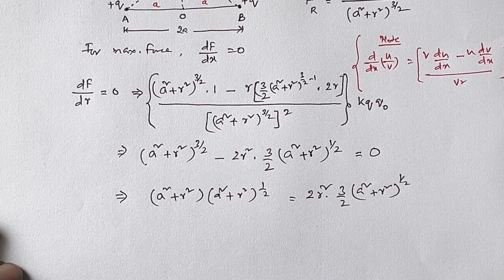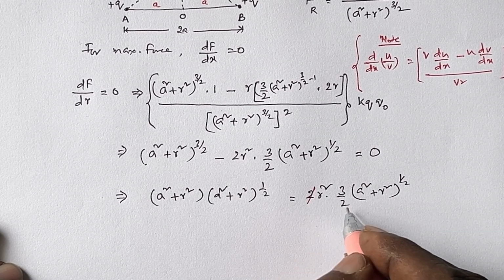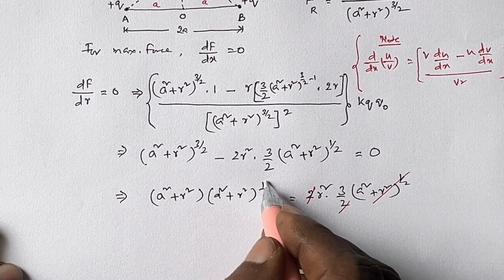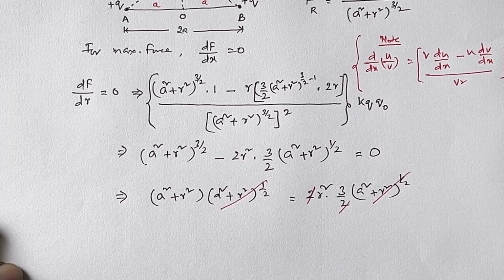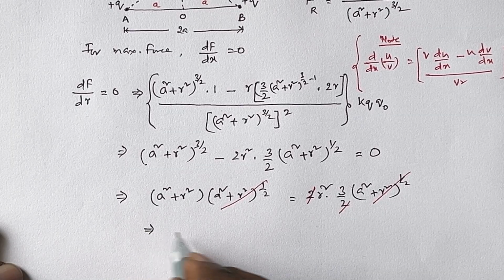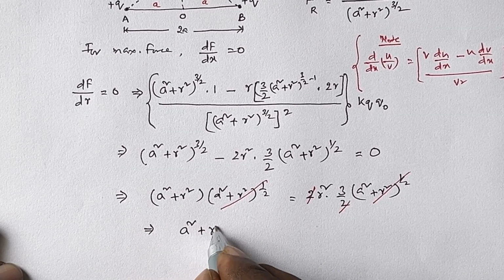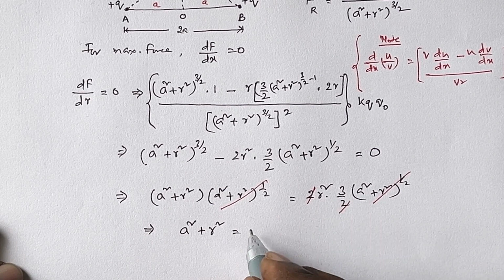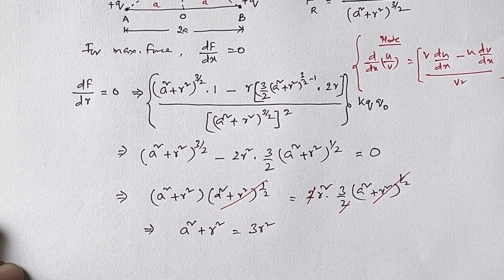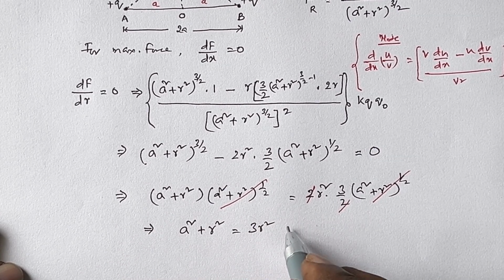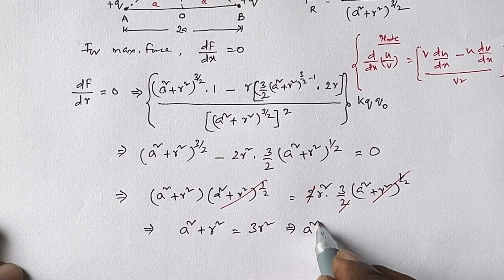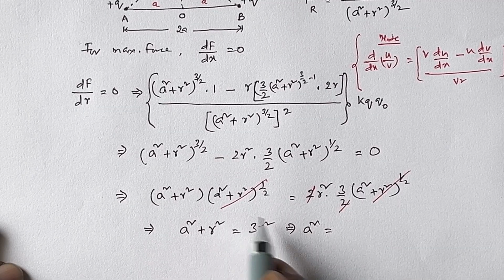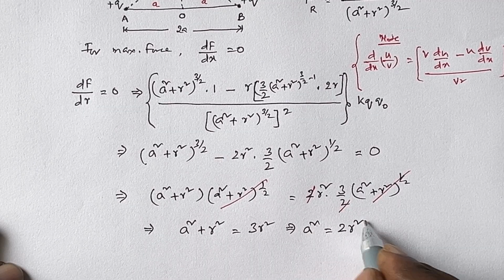So here 2 will cancel and this will cancel each other. So I am left with a square plus r square is equal to 3r square, right? That implies a square is equal to, r square goes this side, 2r square.